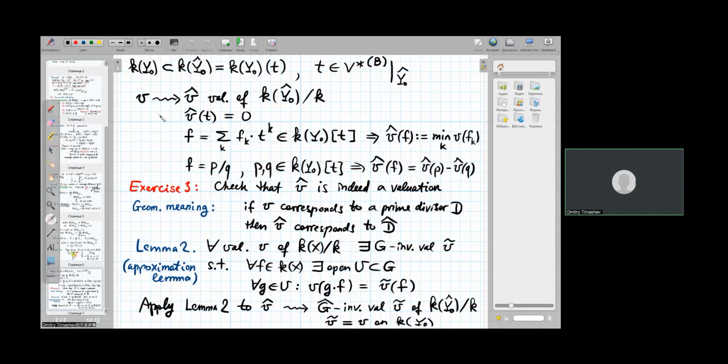But what we do, we start from a G-invariant valuation here. This V is a G-invariant valuation here. We extend it to a valuation here, not necessarily invariant. So this V hat is not necessarily invariant. But after that, we apply this.